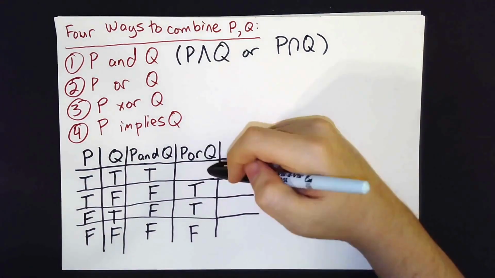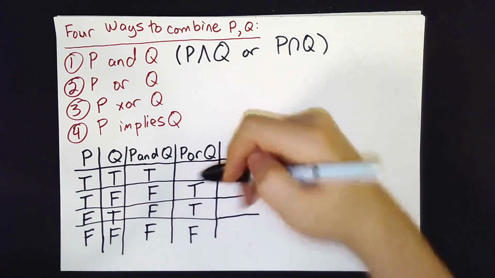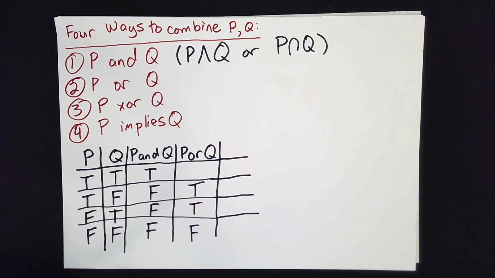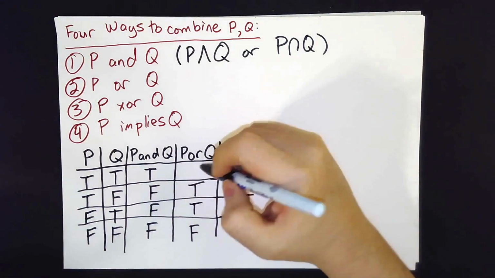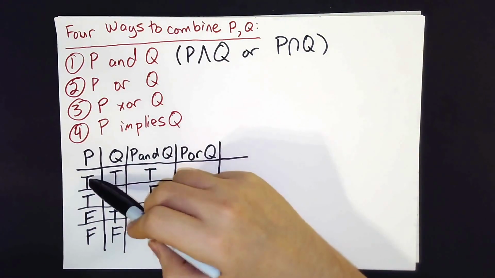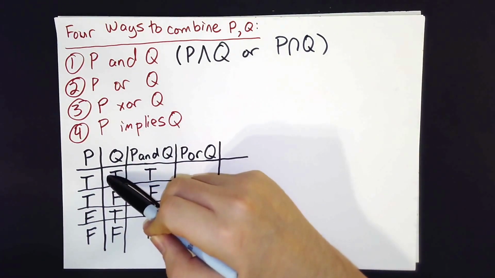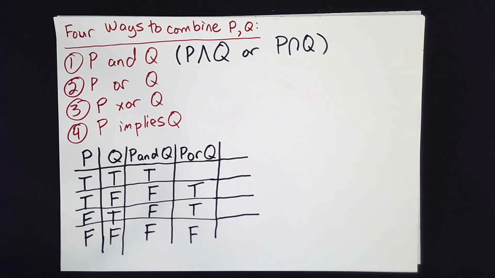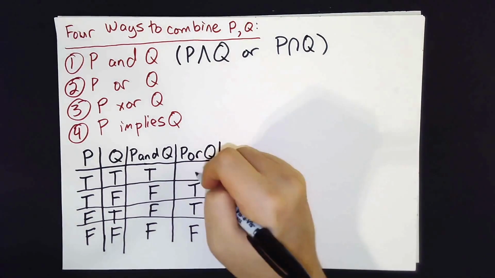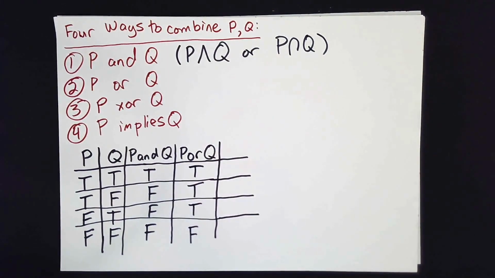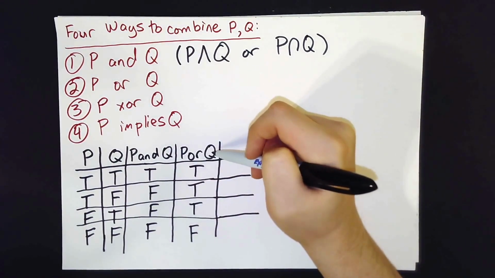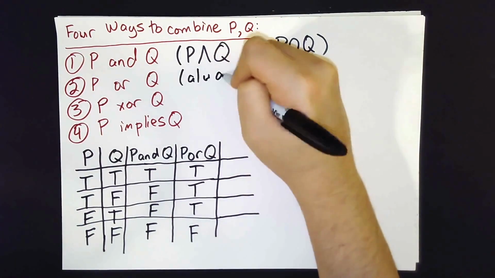And the one that can give people trouble, because we actually use the word or in 2 different ways in English, is whether it's true if both P and Q are true. And the important thing I'm here to tell you is that to a mathematician, ors are always inclusive. Meaning that to a mathematician, P or Q is always true if both P and Q are true.